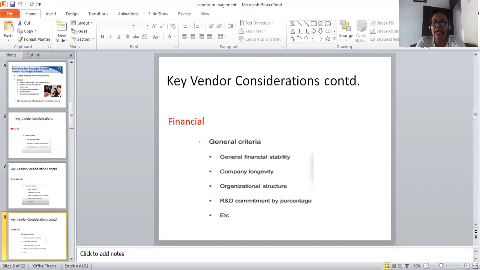Okay. R&D commitment. When it comes to the R&D commitment by percentage, earlier also in the initial video I told you that R&D commitment is important. What it means is the percentage of revenue that has been reinvested for R&D purposes.